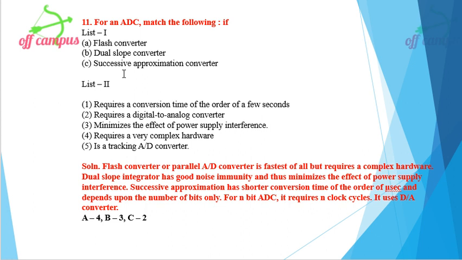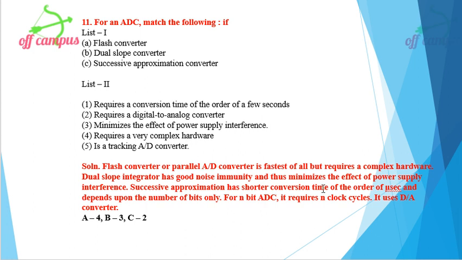What is successive approximation converter? It has a shorter conversion time of the order of microseconds and depends upon the number of bits only. For an n bit ADC, it requires n clock cycle. What are all the specifications of successive approximation?